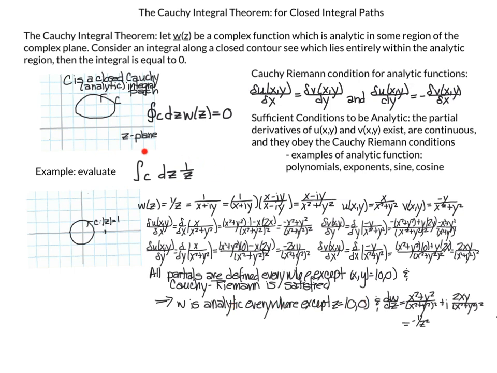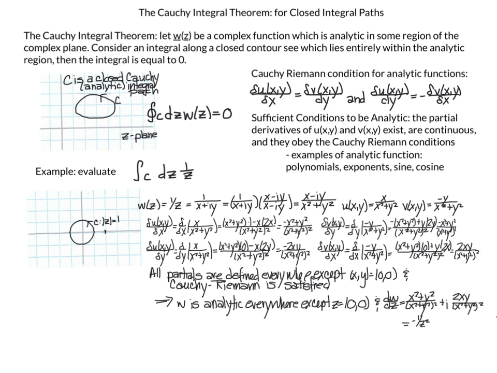In this case, for this curve, you can see that the point 0, 0 is interior to the curve. So it wouldn't have bothered me not to see all this work here, because the critical thing here is that at z equals 0, our function is undefined, our partial derivatives are undefined, and therefore we can't use the Cauchy integral theorem.